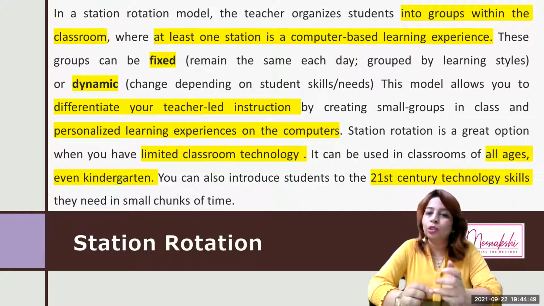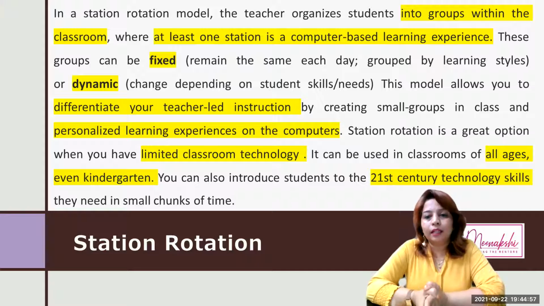And the third one should be a computer-based learning station, right? So when the students are divided into groups, now it depends upon you as a teacher whether you want to continue with fixed groups or you want to have dynamic groups in your class, right?